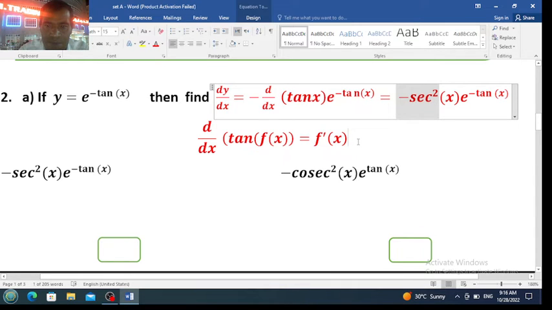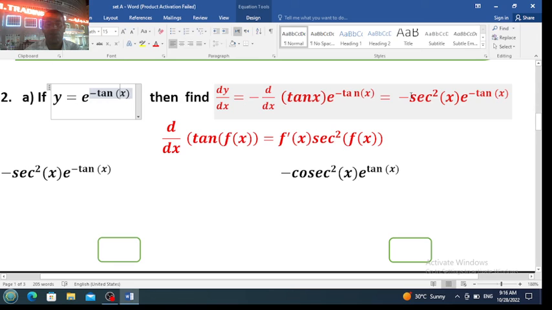Let's see the first derivative of tangent of x. So we'll use this one, the first derivative of x is 1, then there is a negative sign that should appear here in your answer. It will be negative sec square of x times exponential of negative tangent of x.